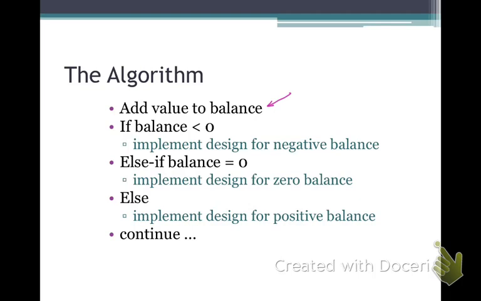Let's write all the things that we might possibly do, all the processes, then figure out under what circumstances I do not want to do them. So first thing we know we're going to do is add value to balance. Okay, I know I'm going to do that. There's a possibility that I may execute the design for a negative balance.